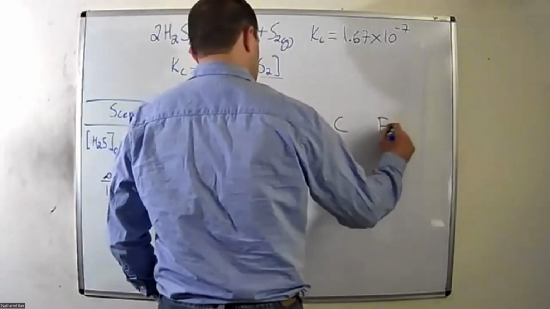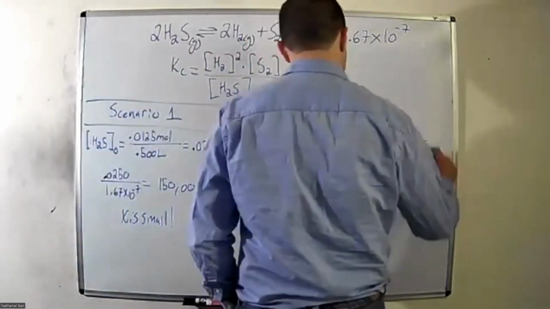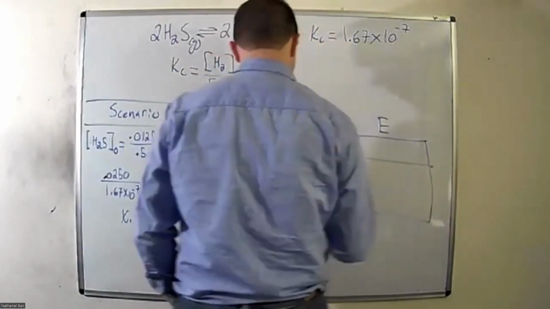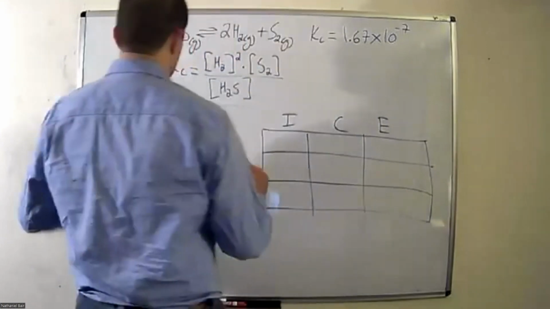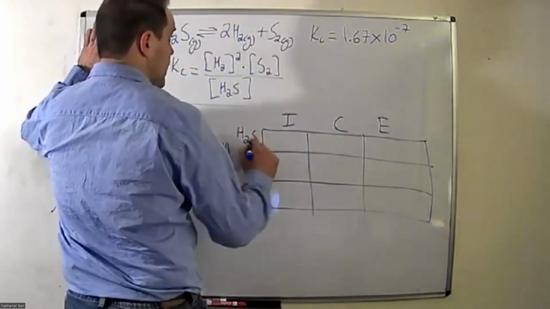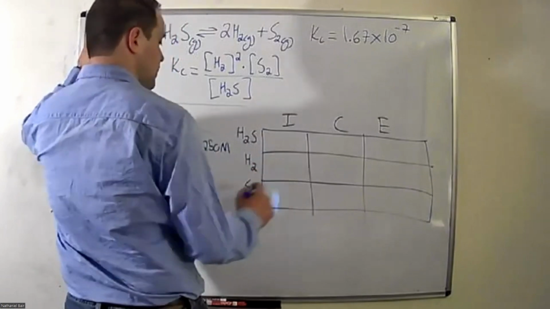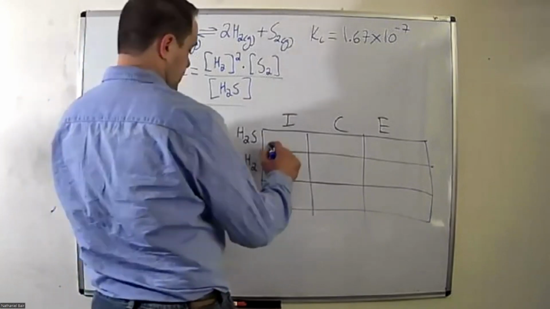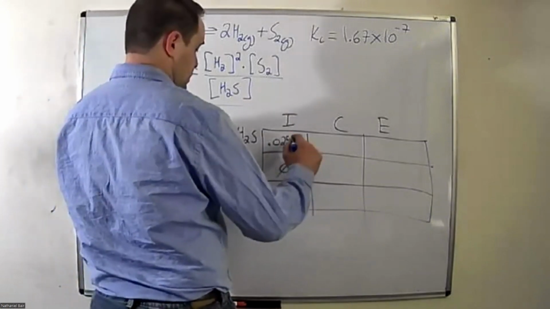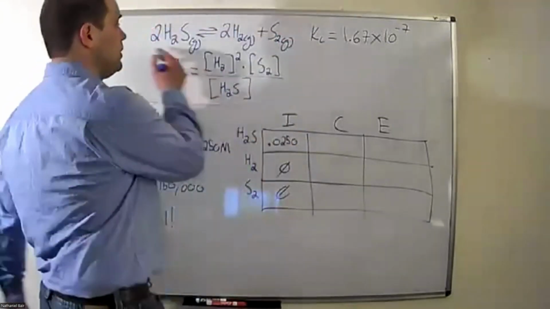This ice table is going to have 3 rows in it because we got 3 things in our reaction: H2S, H2, and S2. No initial concentration of those products. We calculated that initial concentration. So we only got this. It's going that way to reach equilibrium.